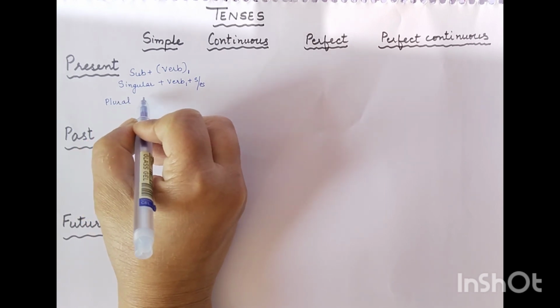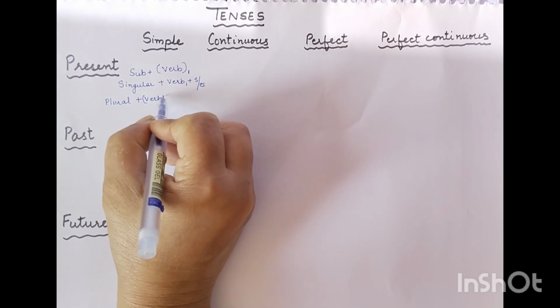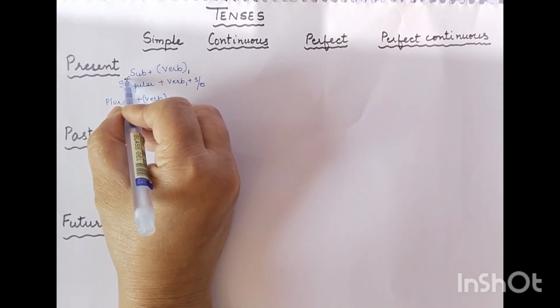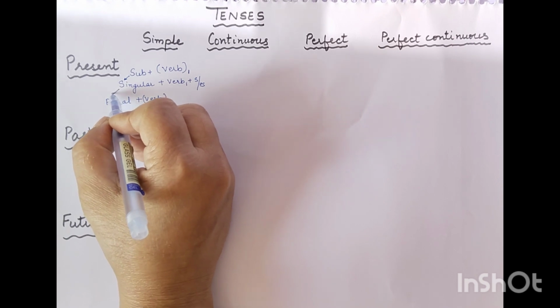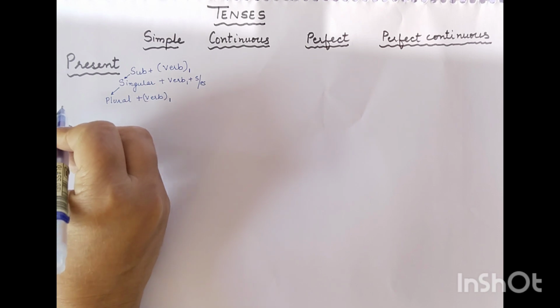And if the subject is plural, then simply we add the first form of verb. Very simple formula. Subject plus first form of verb.